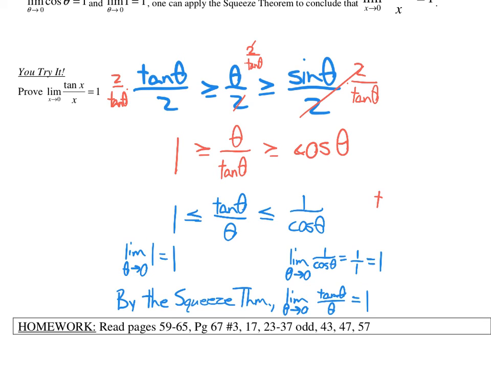Tangent of negative theta equals negative tangent theta. So tangent of negative theta over a negative theta will still just equal positive tangent theta over theta, because the negatives will cancel.